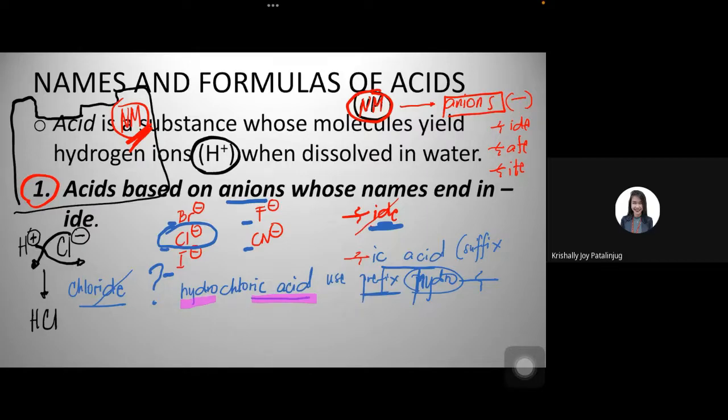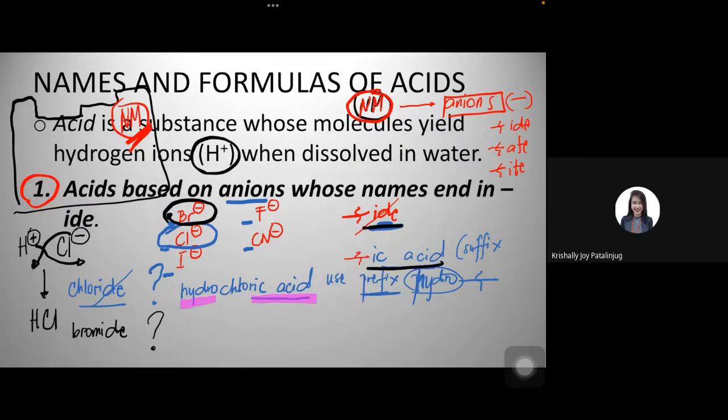Sige, let's have more examples. Let's have bromide. Di ba? Bromide also ends with IDE. So the question, let's say, name the acid that you can derive from bromide ion. So you follow the rule.